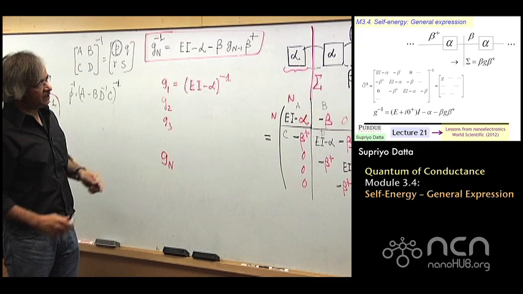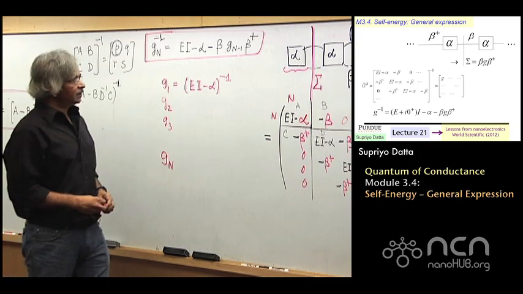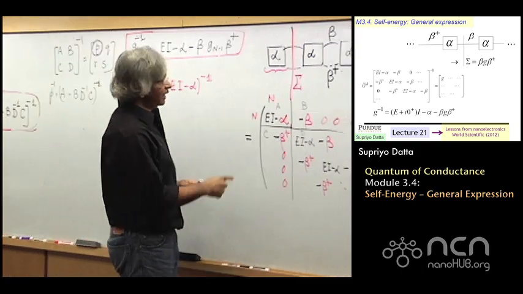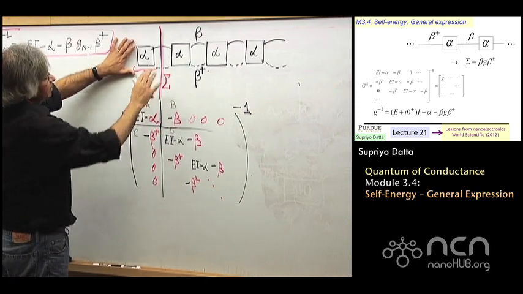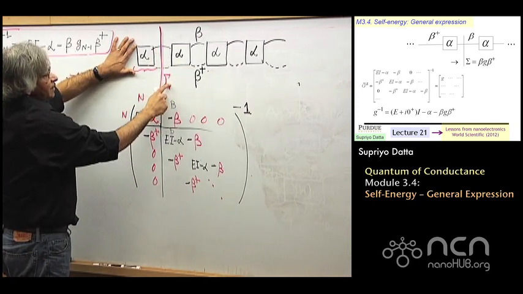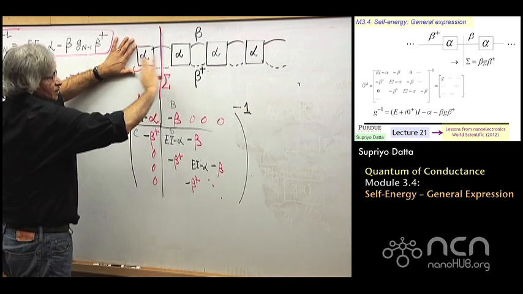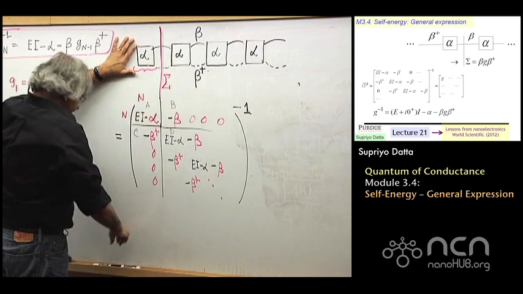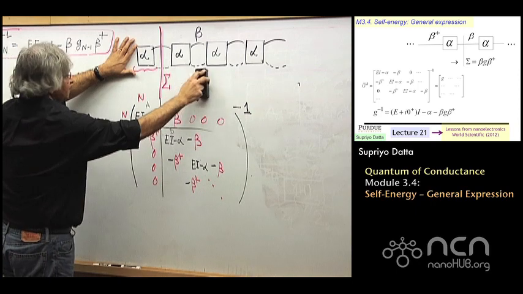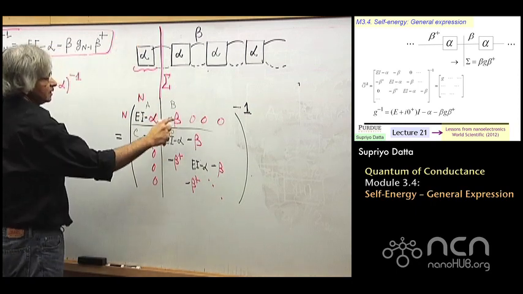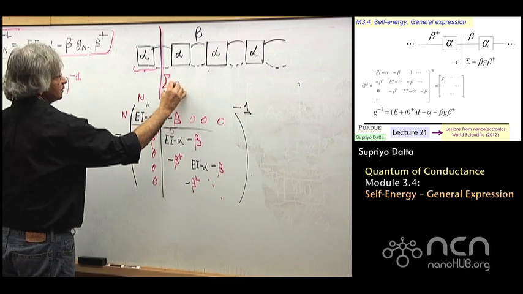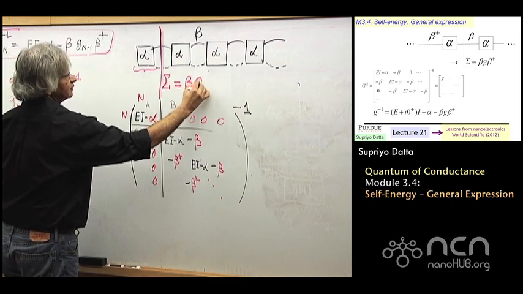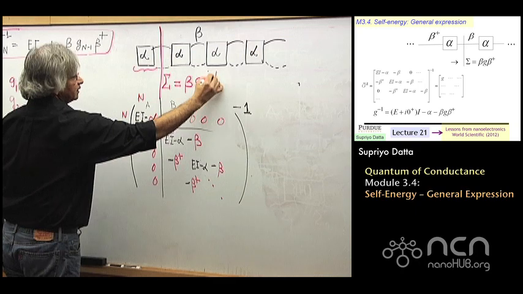And then you have this G, and once you have the G, remember our original purpose was, here's our channel, this is the contact, how do I write a sigma that takes into account this coupling to the contact? The answer is that sigma would simply be beta Gn beta dagger. So this would basically be beta G beta dagger.